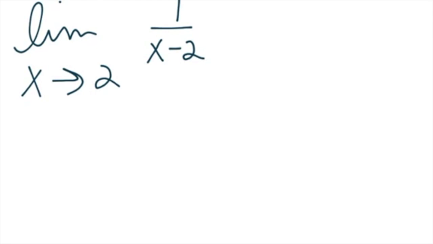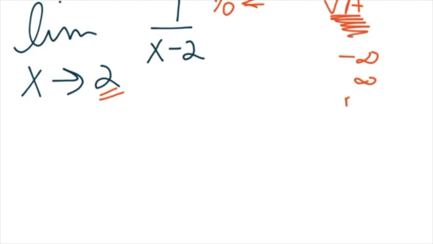But if I put 2 in for my x, I end up getting a number over 0. When you get a number over 0, you know you're looking at a vertical asymptote. So your only options are going to be negative infinity, positive infinity, or DNE. When you're dealing with vertical asymptotes, those really are the three choices you get. Kind of boring, I know, but that's all you get.